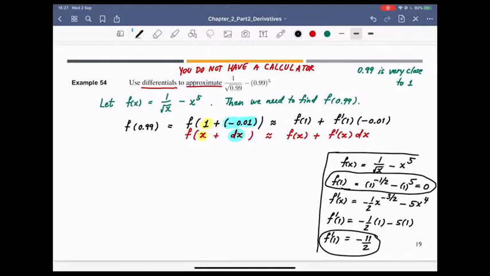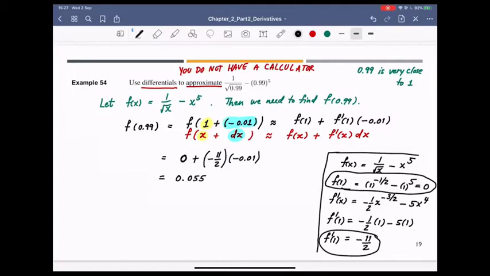And then I plug back into this. I get 0 plus negative 11 over 2 times negative 0.01. Negative 11 over 2 is negative 5.5, and if I multiply negative 5.5 and negative 0.01, I get positive 0.055.